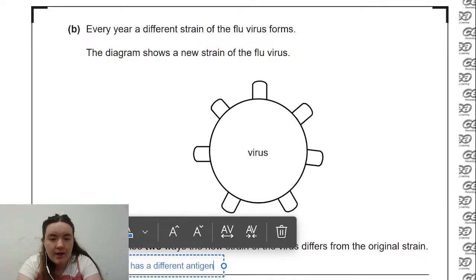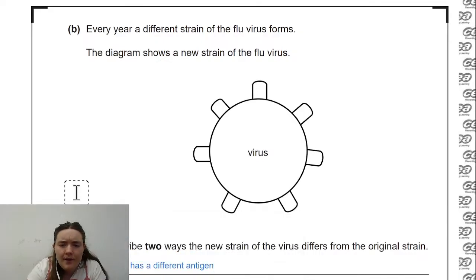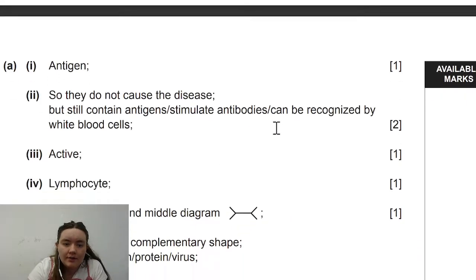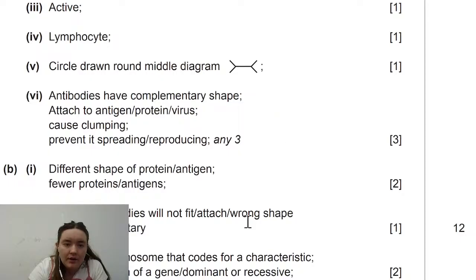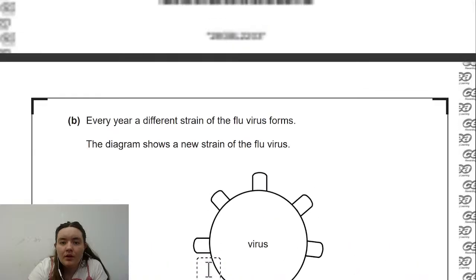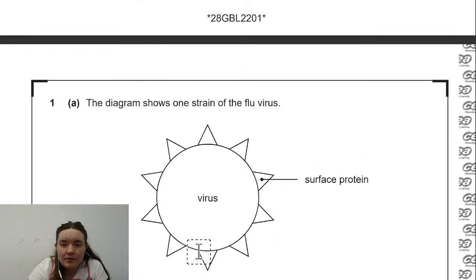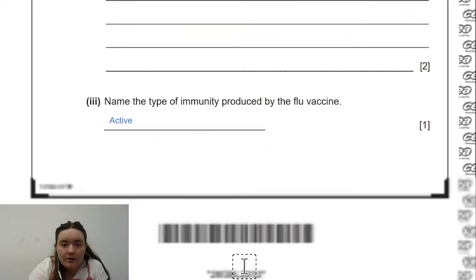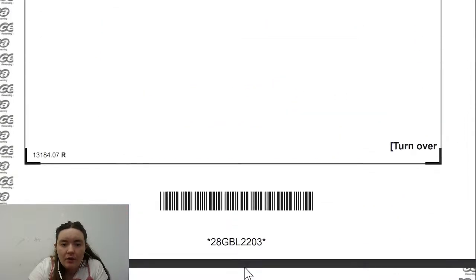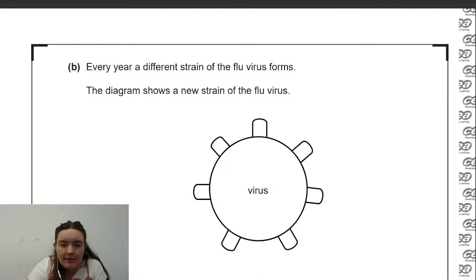And that's the obvious difference. Then our other difference, if we take a look here, is that it has fewer proteins or antigens. Up here, this virus has 10 antigens on its surface, whereas this one only has 7. So it has fewer antigens as well.